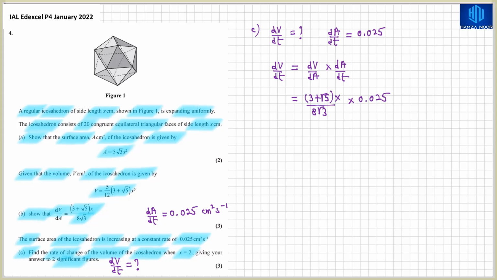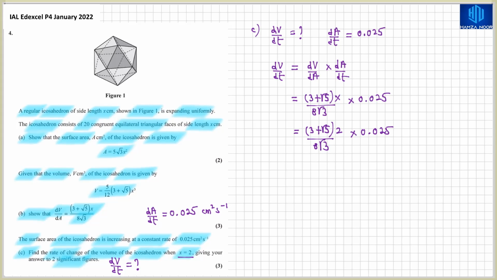So we need to find the value of dV over dt when x is equal to 2. So in the dV over dA function, we are going to substitute x equals 2. Therefore, 3 plus root 5 completely multiplied by 2 divided by 8 root 3 multiplied by 0.025.